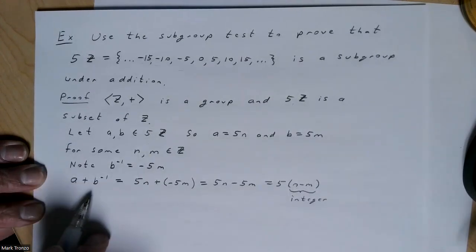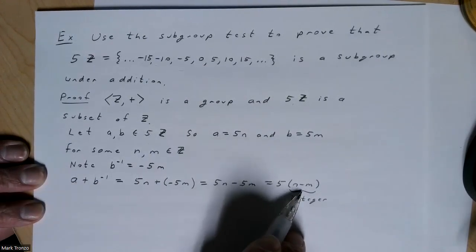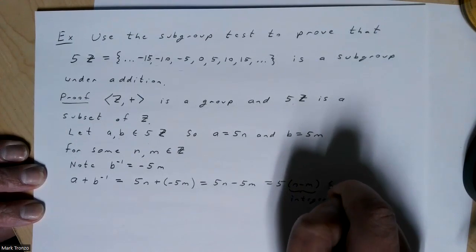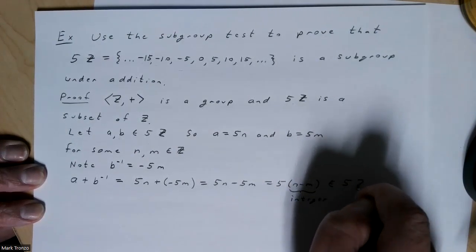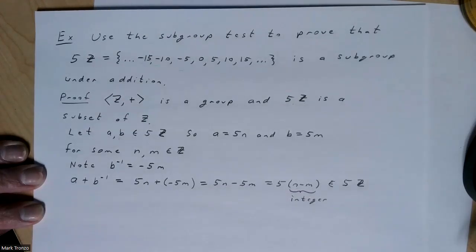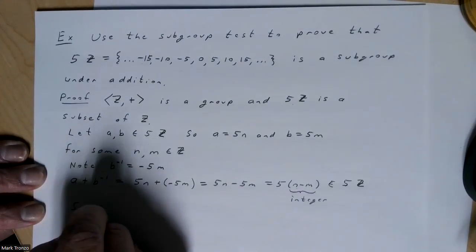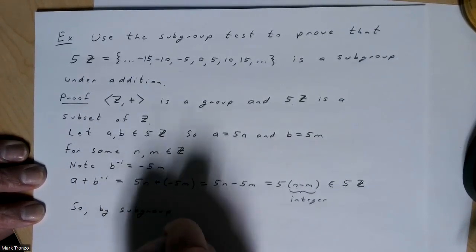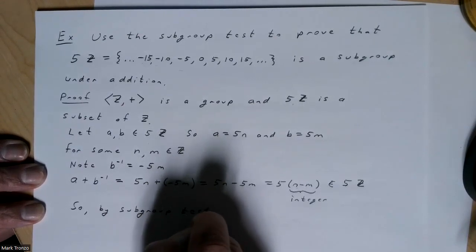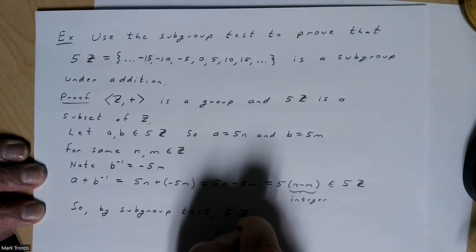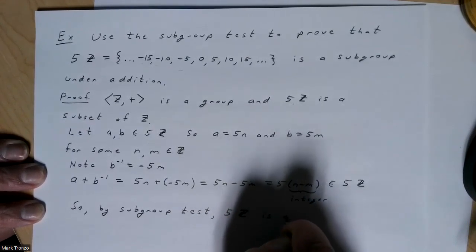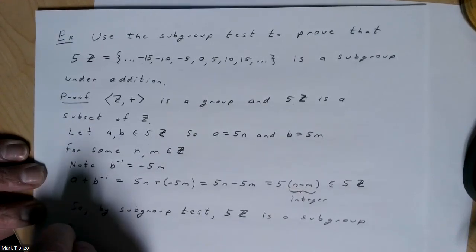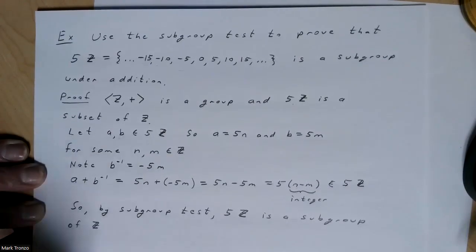So when we do A plus B inverse, we get 5 times an integer, and that's a typical element in the set. So that means that's in our set 5Z. So by the subgroup test, 5Z is a subgroup of Z.